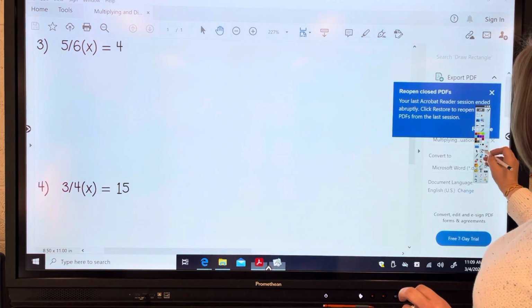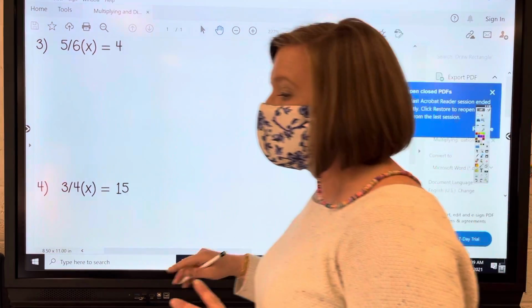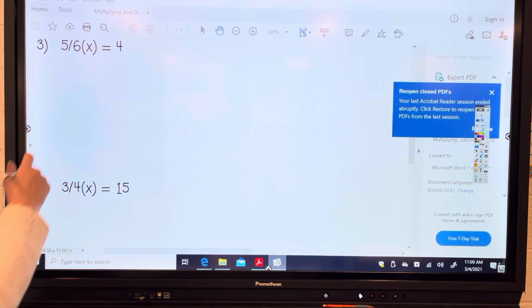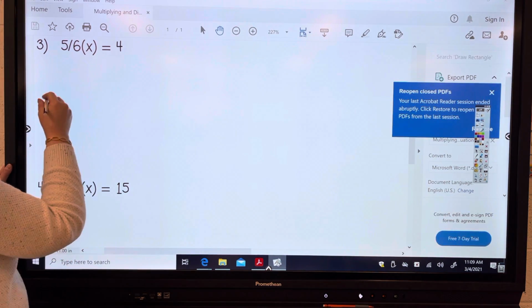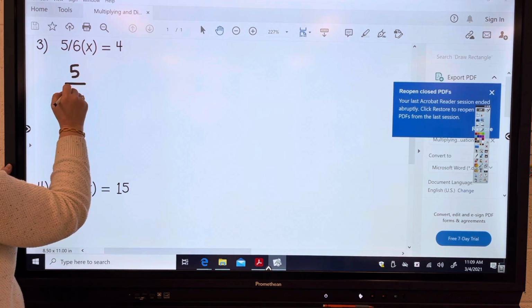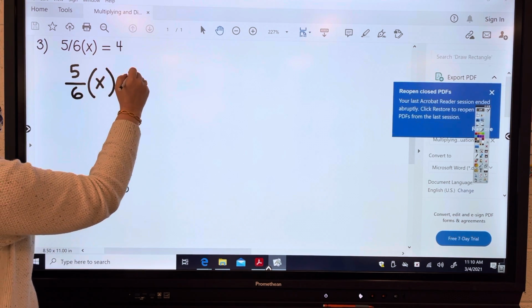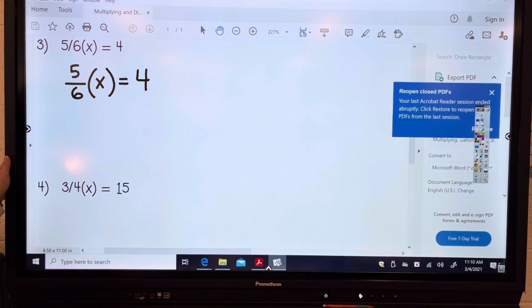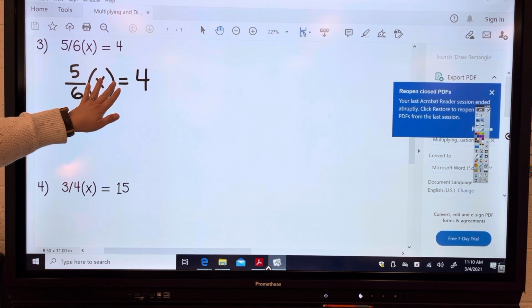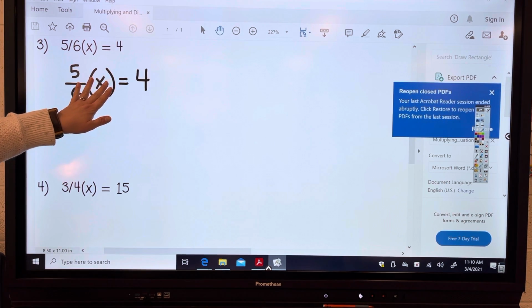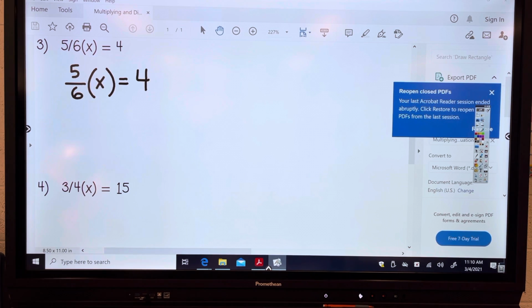All right, number 3. I'm gonna rewrite it underneath, just because I don't like the way Microsoft Word does the fractions. I'm gonna do 5/6 x equals 4. Since I'm multiplying by a fraction, we know that the opposite of multiplication is what?